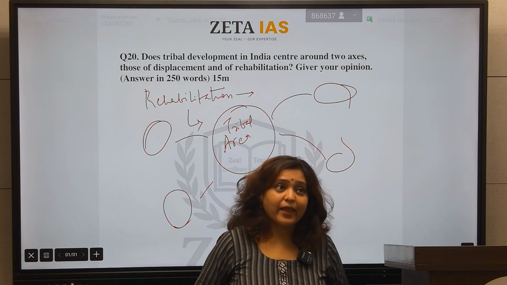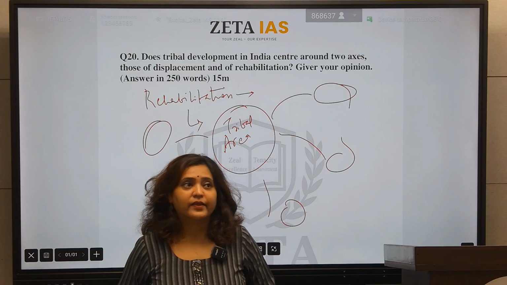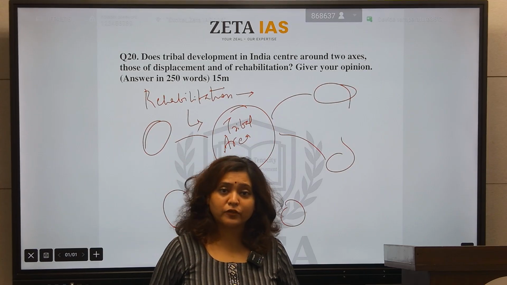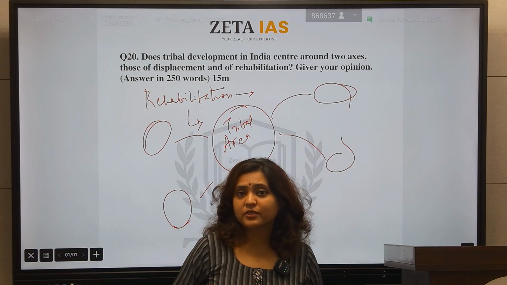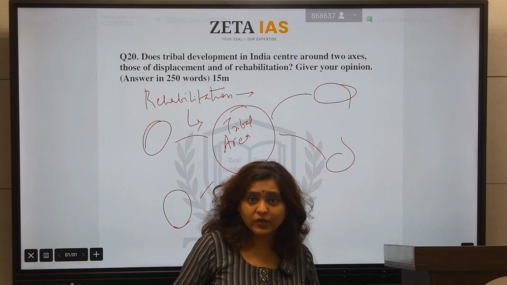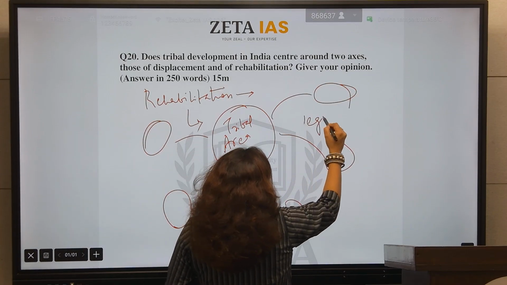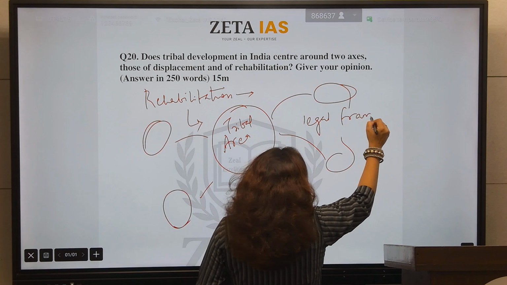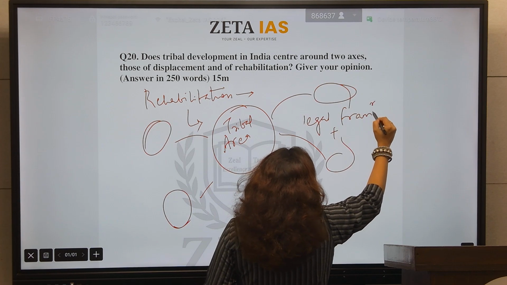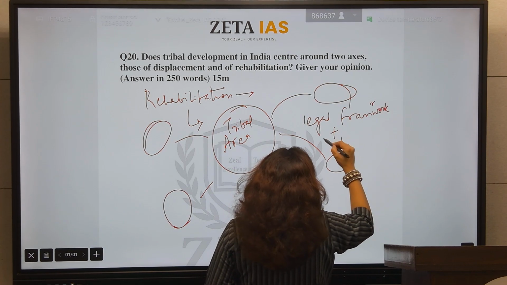And at the end you can write in conclusion that the government has been making a lot of efforts, and the rehabilitation process revolves around a combination of a legal framework plus government efforts.